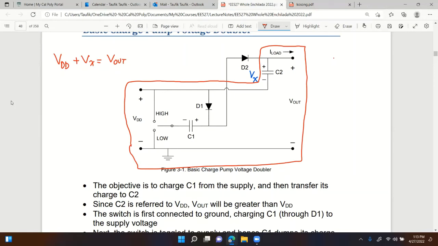That means Vout is larger than VDD because you have some extra voltage there across the cap, right? So you have a step up, basically. But again, in theory, this is double the input voltage. But in general, you can see that Vout is larger than the input. Okay. Any questions so far?